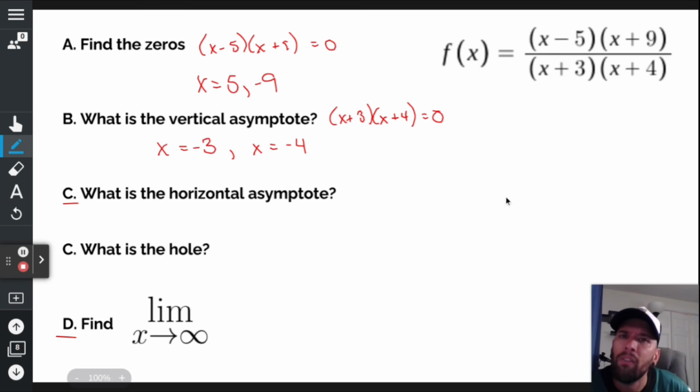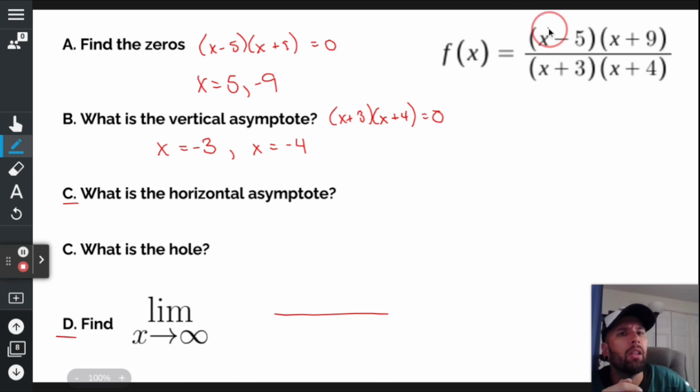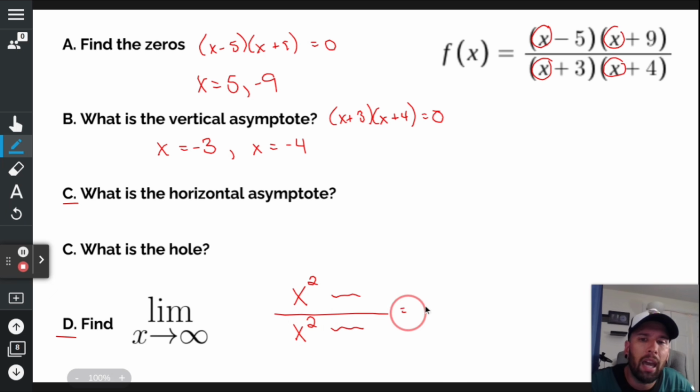Well, I don't have a leading term, but there's a shortcut. Always take the leading term in each factor and multiply them together. That will give you the leading term for the numerator. Do the same thing for the denominator: multiply the leading term of each factor. That will get you the leading term here. I don't care about anything else. So my concern is x squared over x squared, which becomes 1.